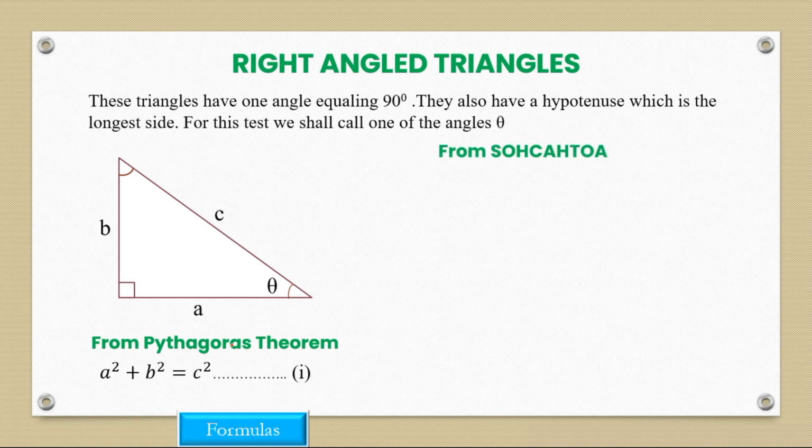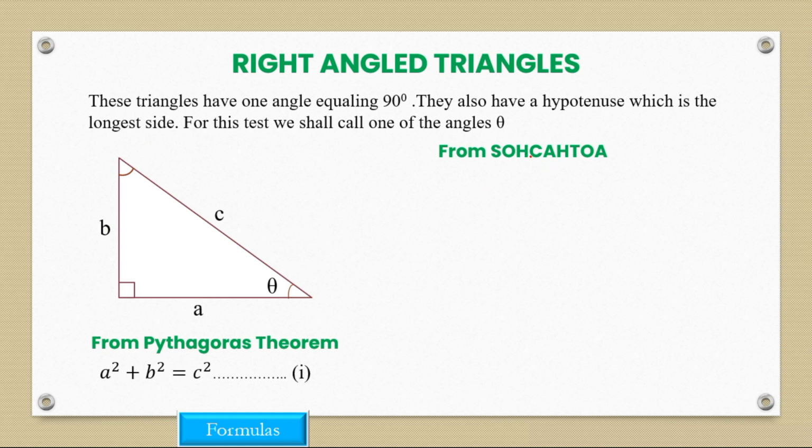Alright, so if you remember, there is a formula called SOH-CAH-TOA. This SOH-CAH-TOA enables us to remember how to find the value of theta using sine, cosine, and tangent. So when we use sine, we follow the rule of opposite over hypotenuse.